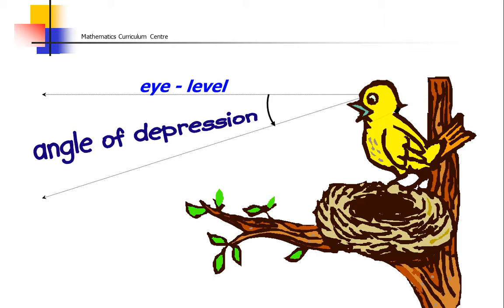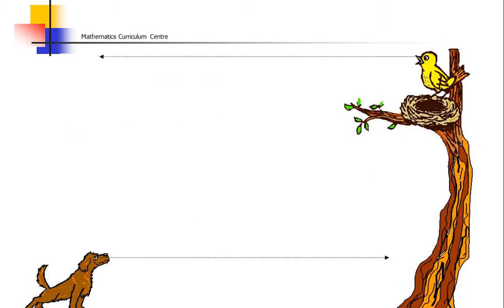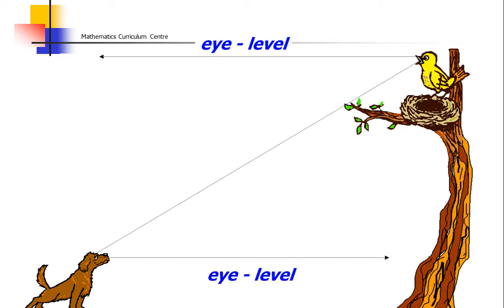Well, what if they're looking at each other now? They both have an eye level going straight across. If their eye levels are straight across, we can assume they are both parallel lines. The bird's eye view and the dog's eye view are both parallel lines. Now the dog would look up, the bird would look down, and what does that create?